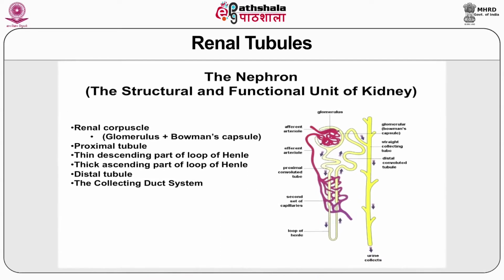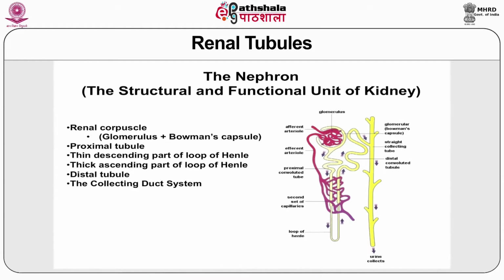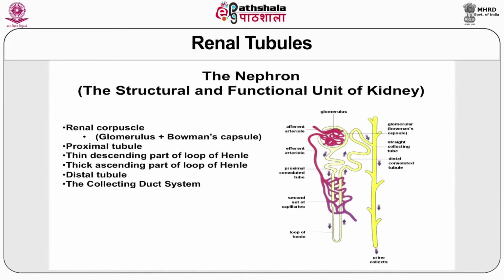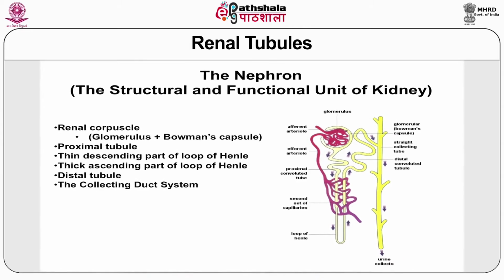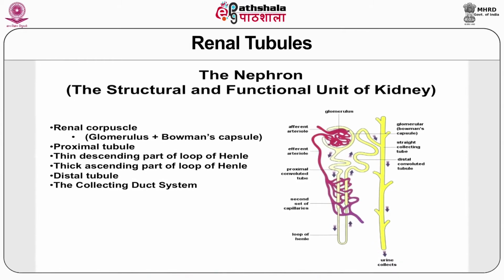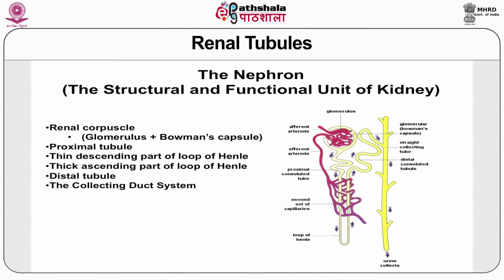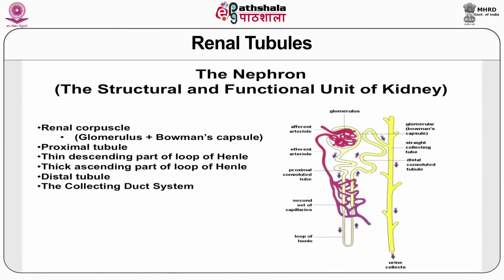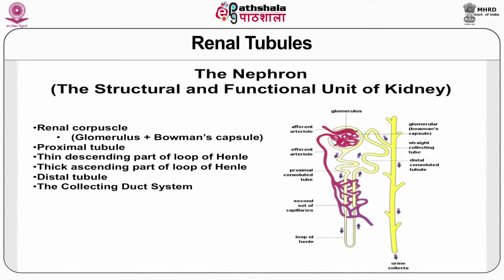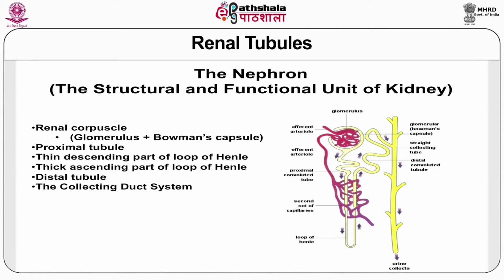The glomerular capsule is a structure that surrounds the anastomosing arterioles. It has two layers: the visceral layer, which is near the arterioles, and the outer parietal layer. The space between the visceral and parietal layers is continuous with the lumen of the renal tubule.